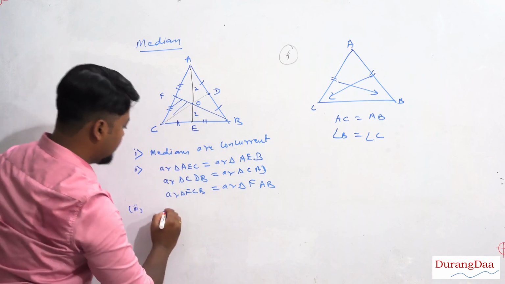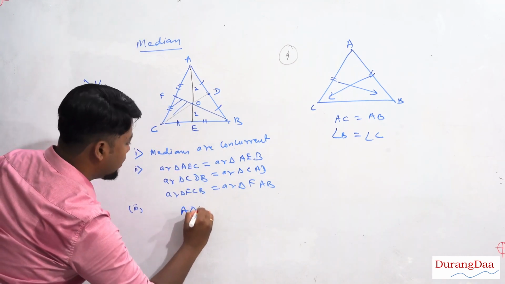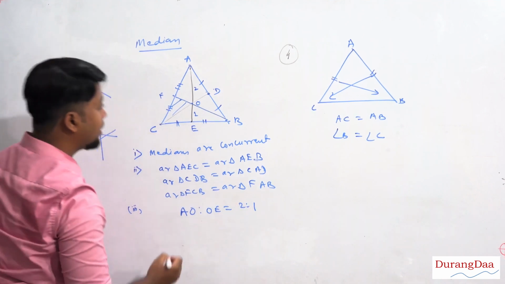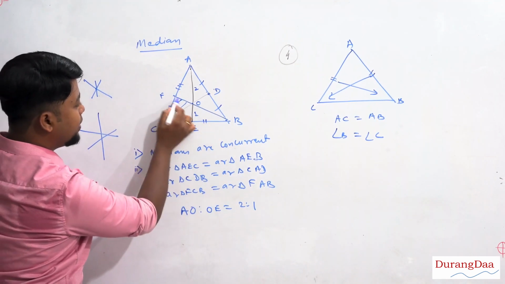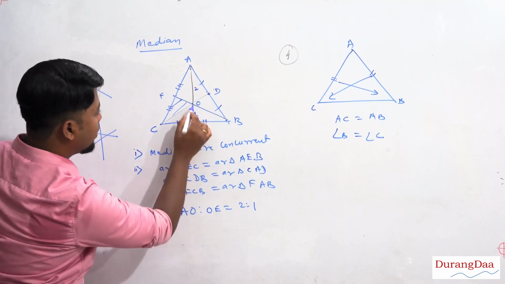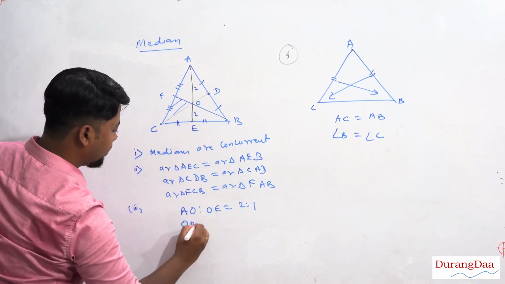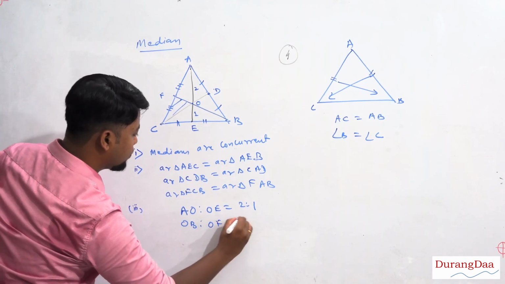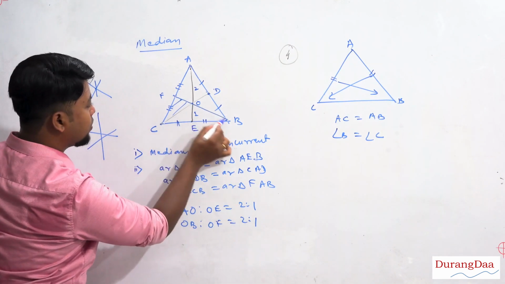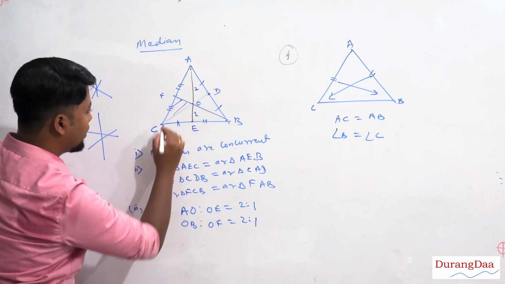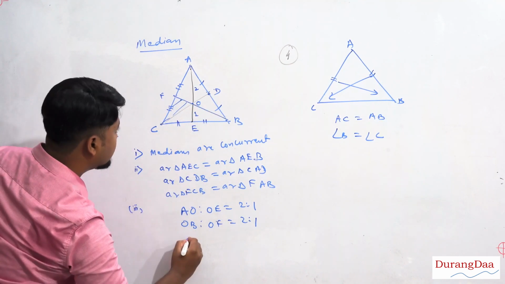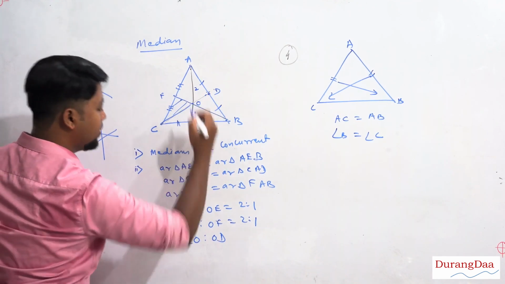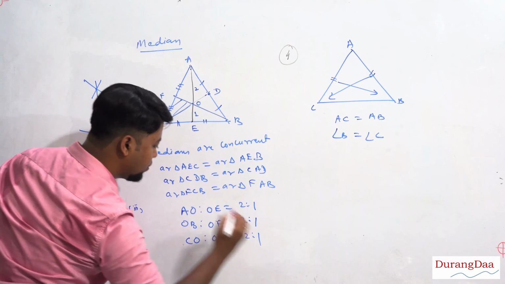So, I can just write here AO:OE is equal to 2:1. Similarly, for this median FB, we can write here OB:OF is again 2:1. So, this median is also divided in 2:1, and finally, the last one, CO:OD is again equal to 2:1.